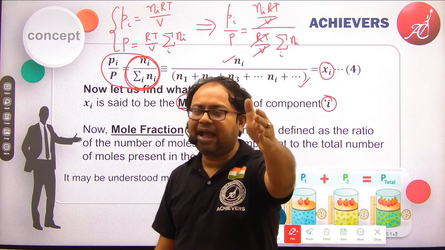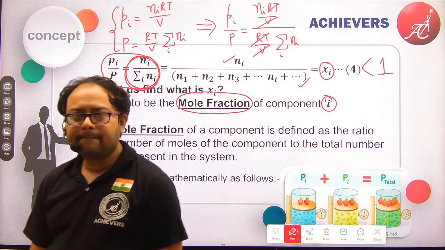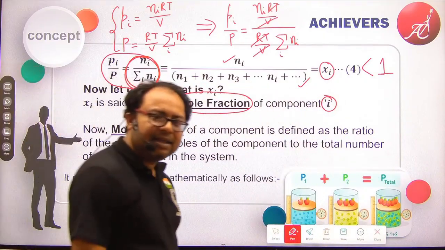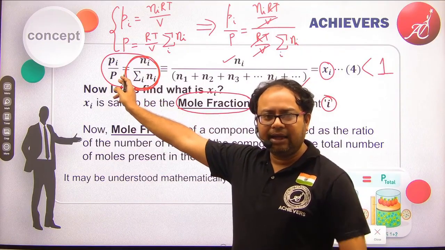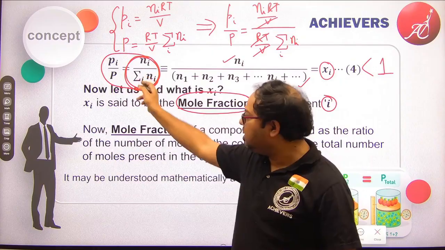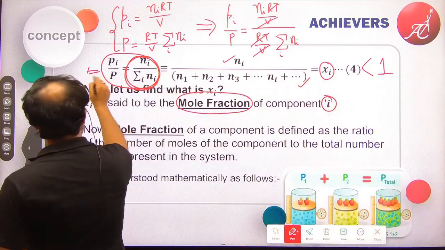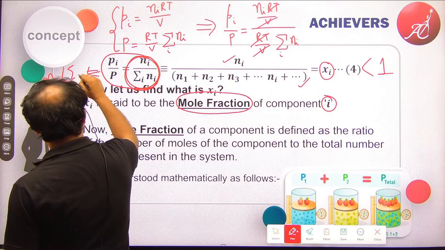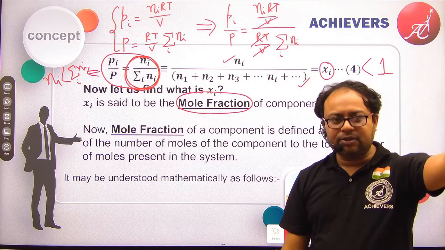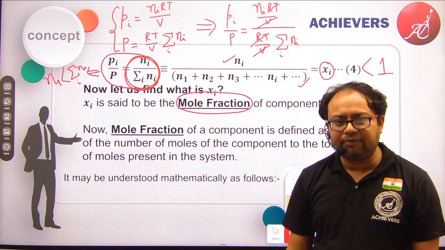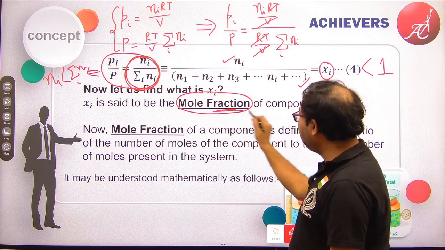So obviously it's a fraction and it must be less than 1, because Ni is the number of moles of I. It is in the numerator, and in the denominator you have total number of moles. So obviously the numerator is smaller than the denominator. That is quite obvious. So if the numerator is smaller than the denominator, then obviously the fraction is less than 1. And that fraction is known as mole fraction.